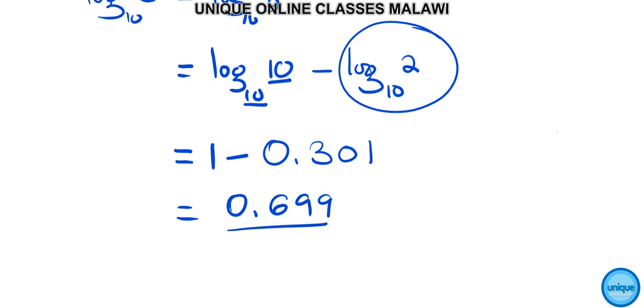That's the answer. And if you punch in your calculator log of 5 base 10, the answer is 0.699, to the nearest.